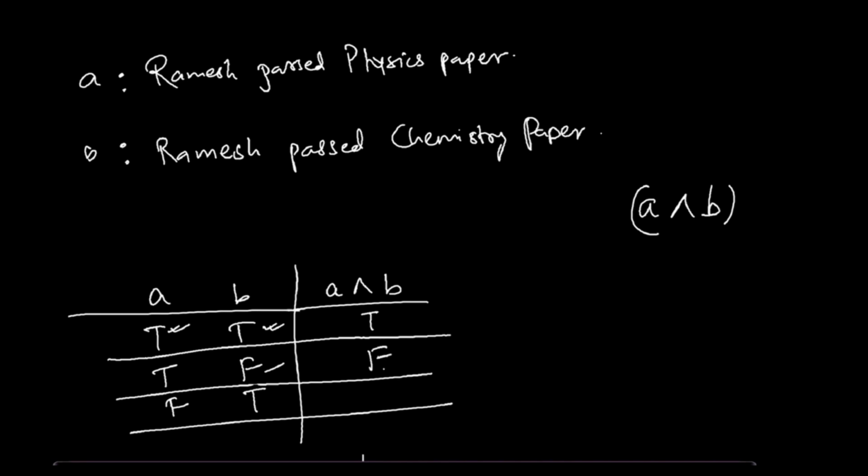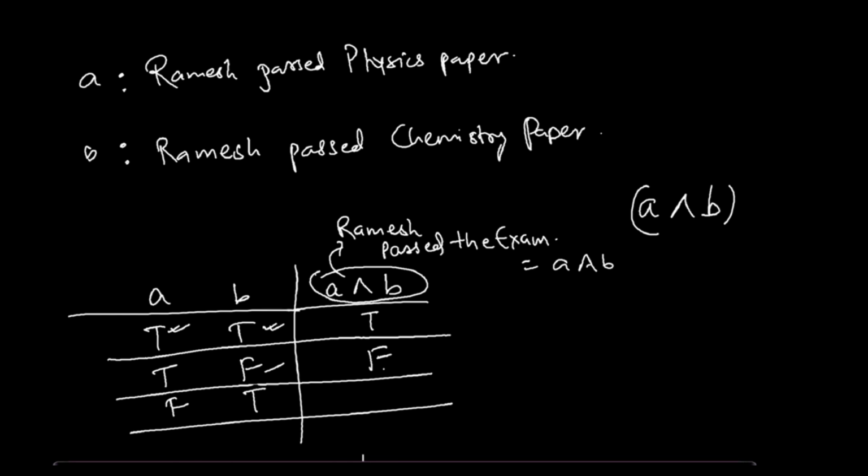This is false. So A and B combined represents that Ramesh passed the exam. So Ramesh passed the exam is equal to A and B, something like this.